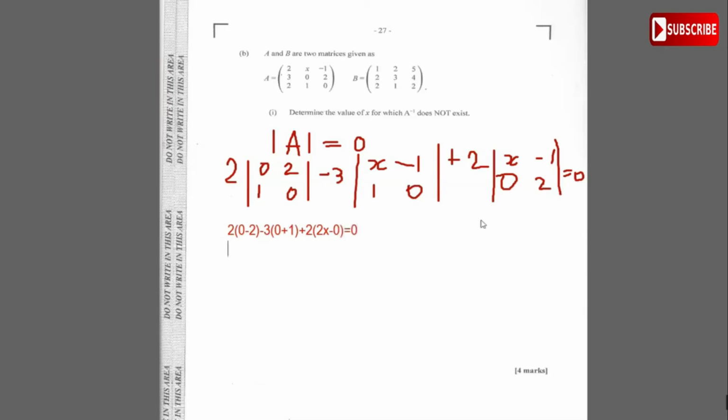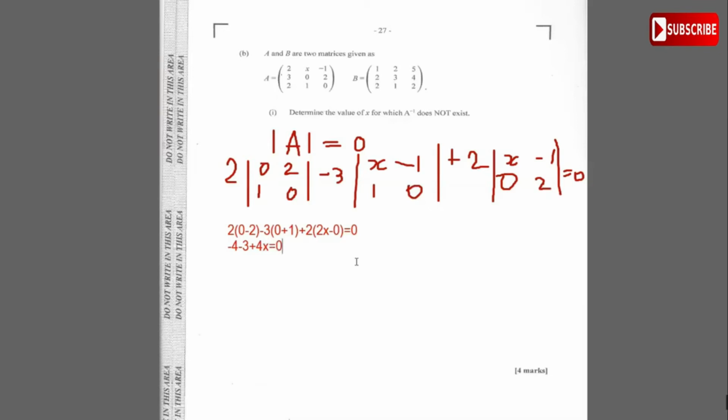And so we go ahead and simplify. 2 times minus 2 is minus 4, minus 3 times 1 is minus 3, plus 2 times 2x is 4x, and that is equal to 0.